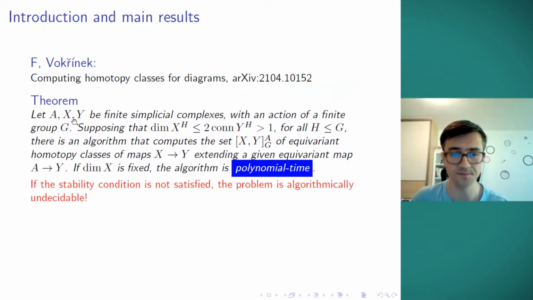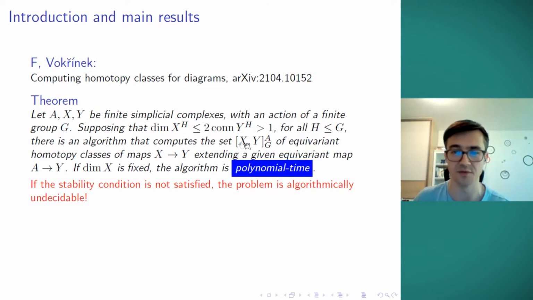Okay, so for simplicity, assume somebody gives you simplicial complexes X and Y, and there's an action of a finite group G on these finite simplicial complexes. Well, this theorem says that under some stability conditions, basically saying that the dimension of every fixed point set for every subgroup of G is less than twice the connectivity of the fixed point set on the target, then there is an algorithm which computes the set.